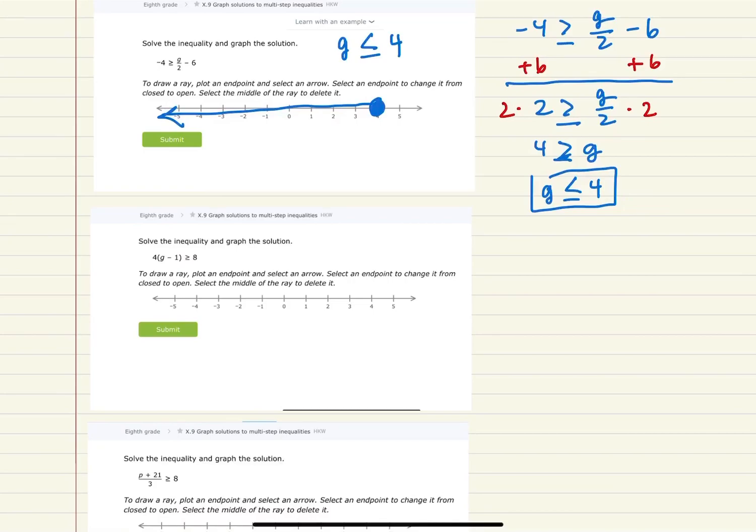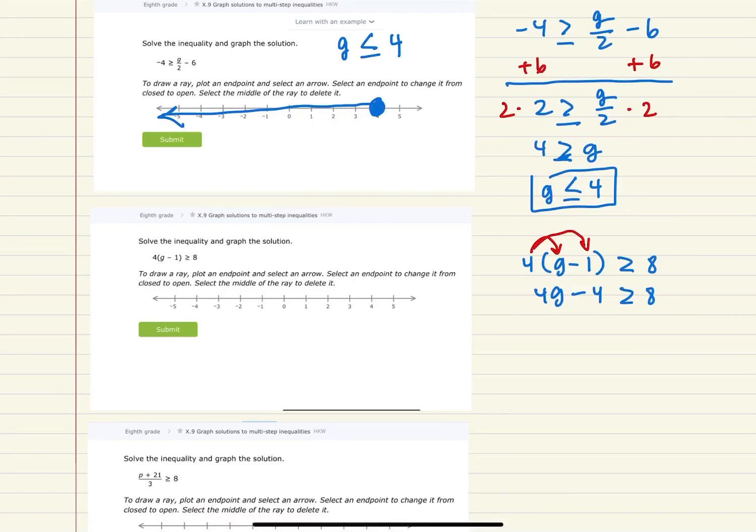We have 4g minus 1 is greater than or equal to 8. There are two different ways you can solve this. You can either divide both sides by 4, or you can distribute. I'm going to distribute. 4 times g is 4g. 4 times negative 1 is negative 4, greater than or equal to 8.